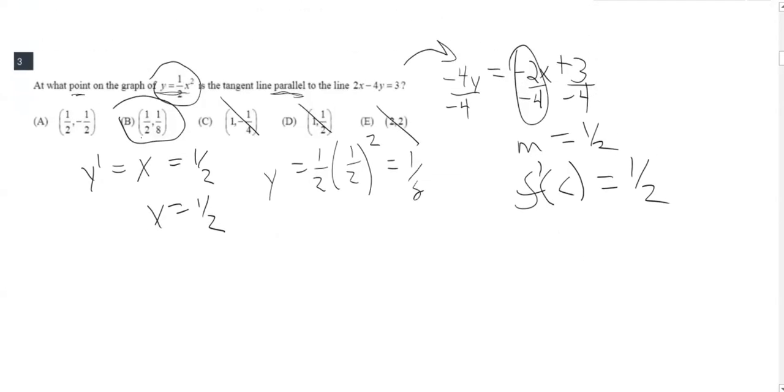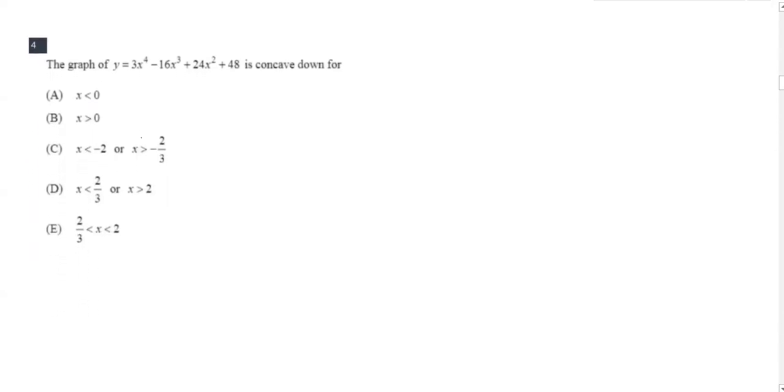Okay. Now, at any point, feel free to pause the recording before I go over the question and work it out for yourself. Now, the graph of y equals that polynomial is concave down for which x? Okay, so concavity deals with the second derivative. Concave down means the second derivative is going to be negative.